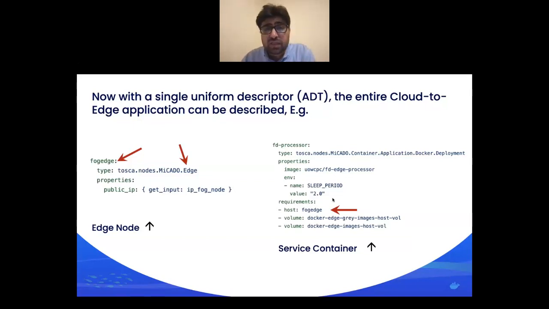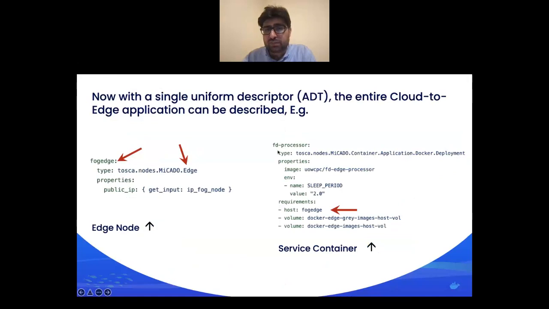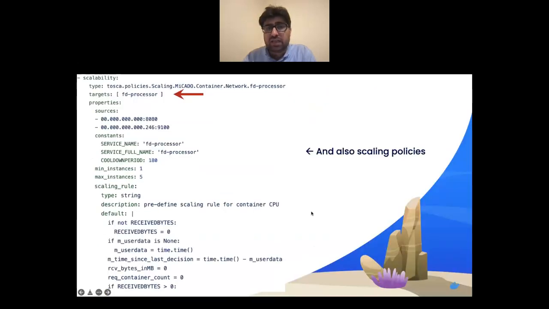And this is not only limited to the resource and service description, but also applies at the scaling policy level. In the previous slide, as you saw, we defined a service, for example FD processor, which would be hosted on an edge node, and then we can attach whatever scaling policy we would like to this service.